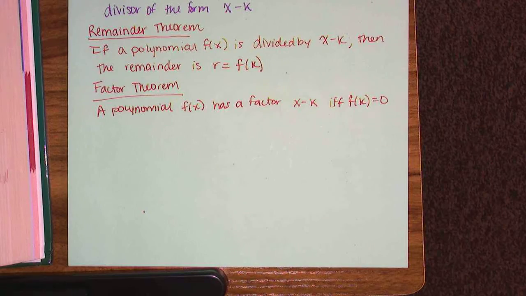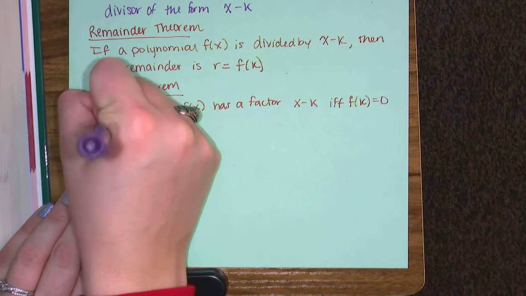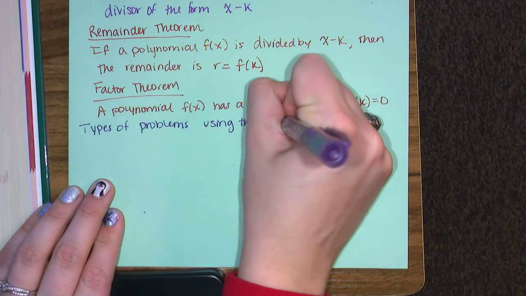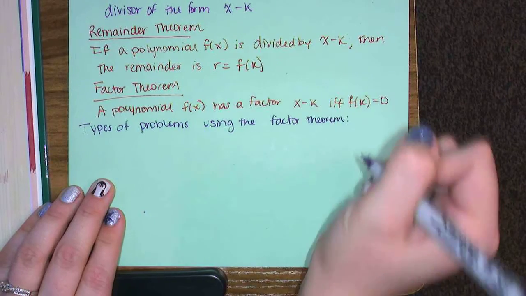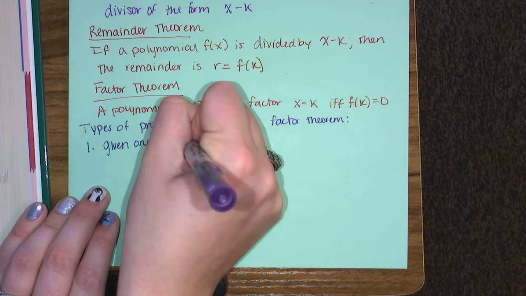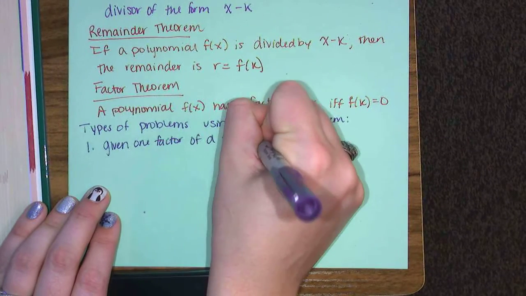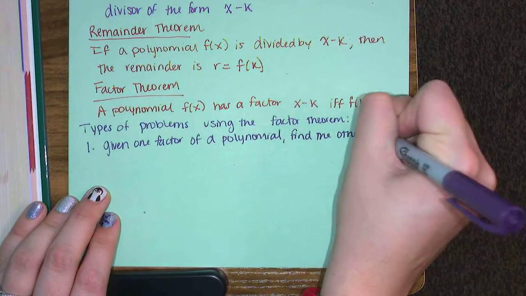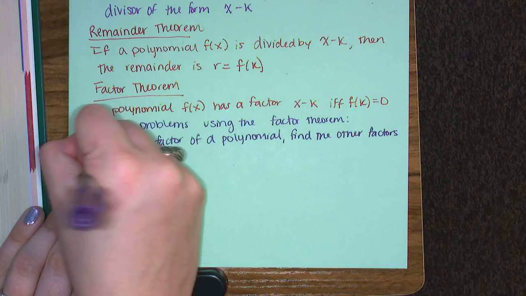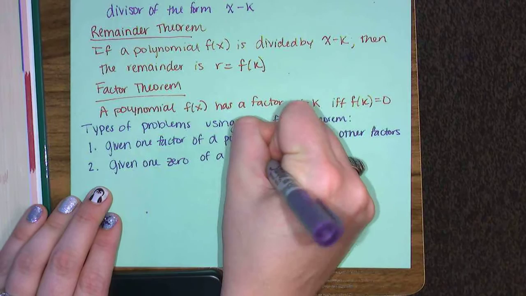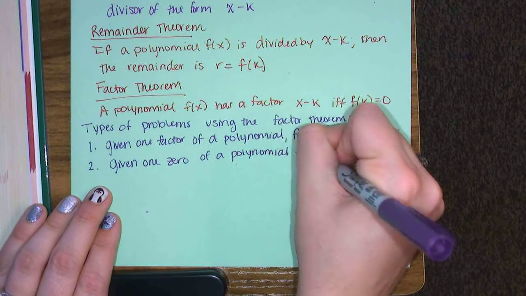Okay, and then the last thing is just going to be a list of the types of problems that use the factor theorem. 1, given one factor of a polynomial, find the other factors. 2, given 1, 0 of a polynomial function, find the other zeros.